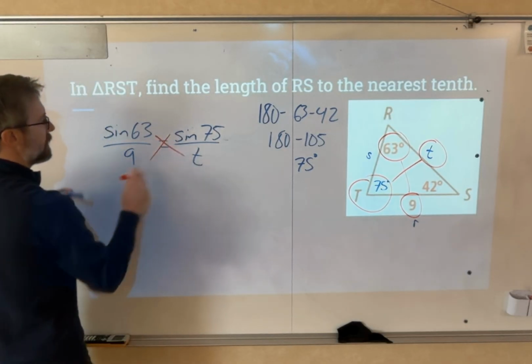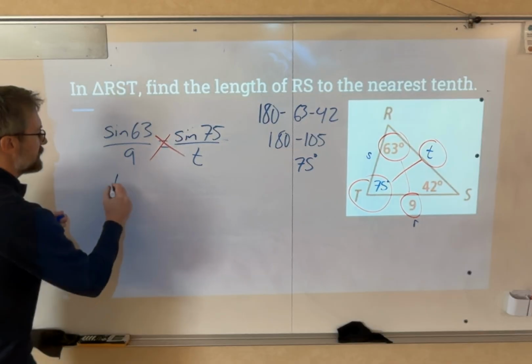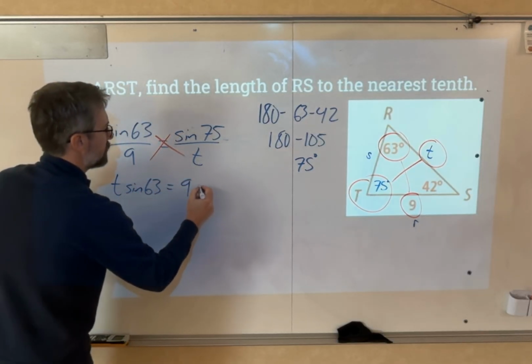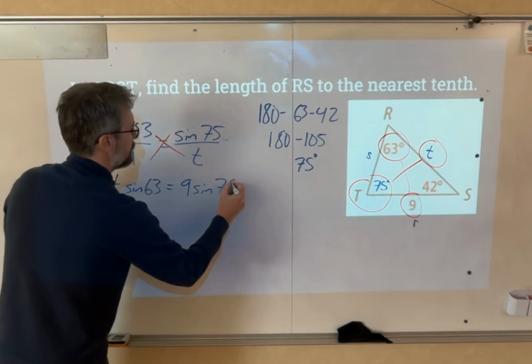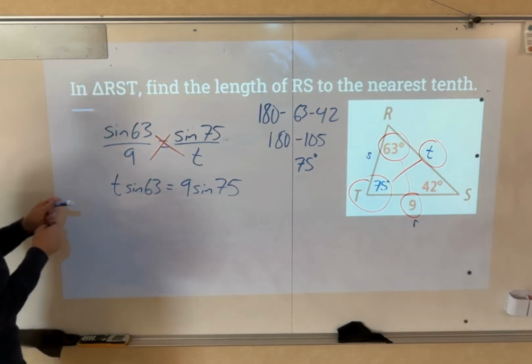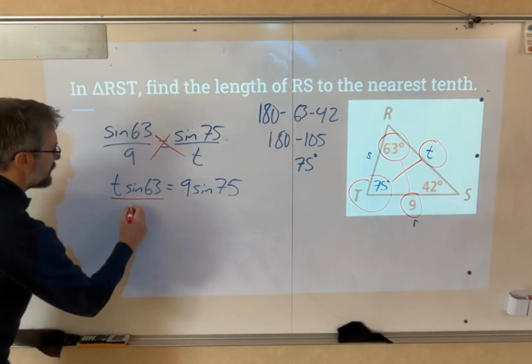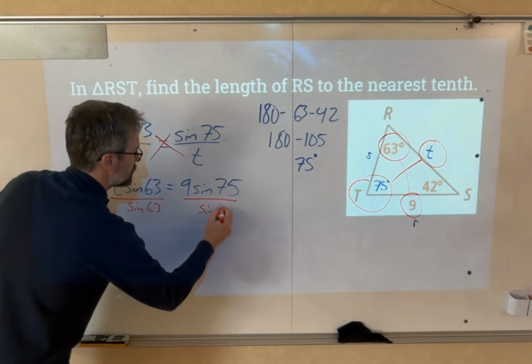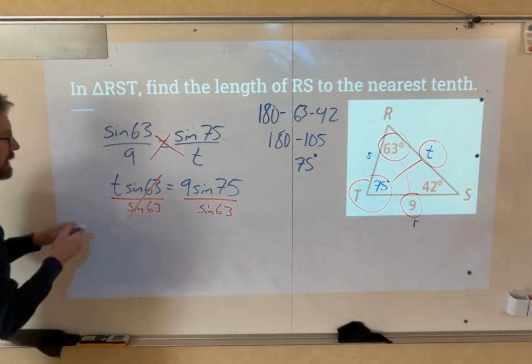And then when we cross multiply, we get T sine of 63 equals 9 sine of 75. We can divide both sides by sine of 63. Right, that cancels out.